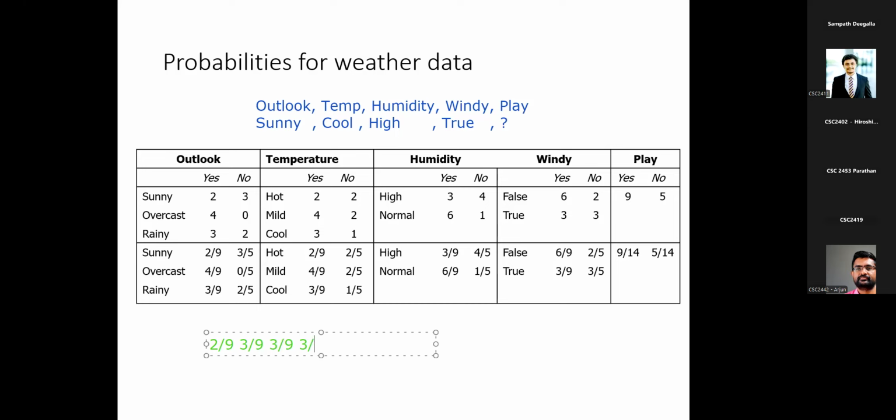And finally, proportionally, we know play yes is 9 out of 14. So we have an independence assumption. When you have prior probabilities, you can multiply them with each other. So you multiply them. So this is for yes.